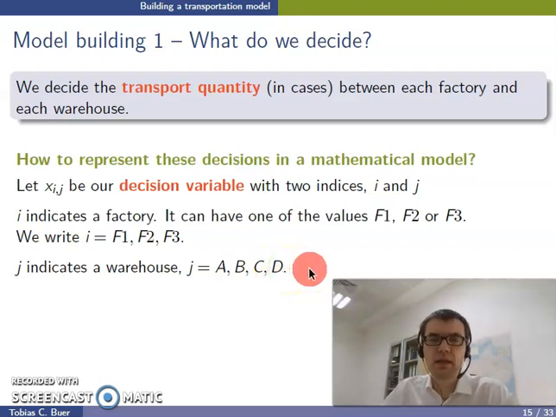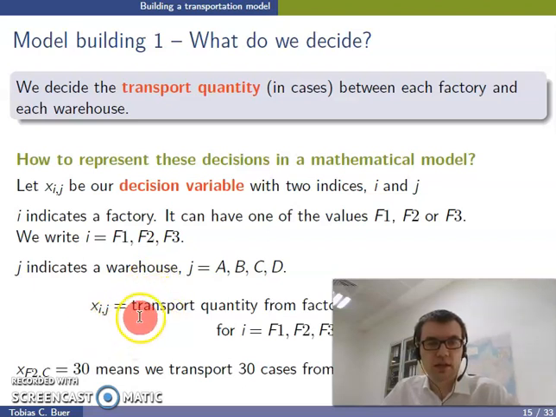So now, how many decision variables do we actually have? We need a combination between each factory and each warehouse, so we have 3 times 4 decision variables. In total we have 12 decision variables.